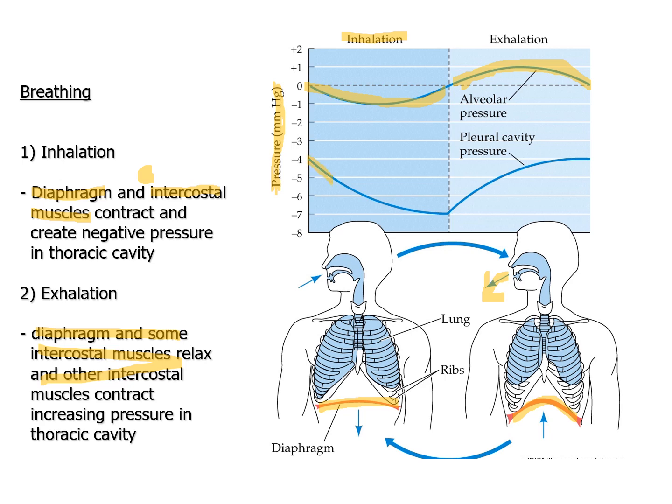The pressure in the intrapleural space, so the pleural cavity, is always less than the intrapulmonary or intraalveolar pressure. It can be called intrapulmonary or intraalveolar. It's always less because with that drop in pressure, it pulls the lungs.